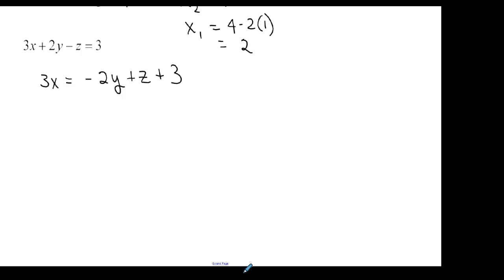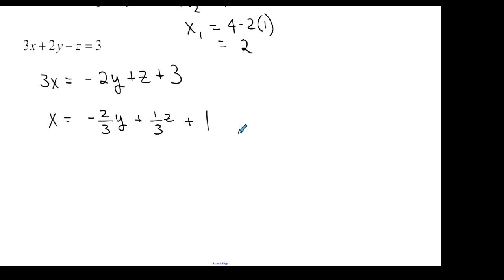And then to finish up getting x by itself, I need to divide everything by 3. So x would equal negative 2/3 y plus z divided by 3, or 1/3 z, plus 3 divided by 3, or 1. So in this case, we have two variables that x depends on.